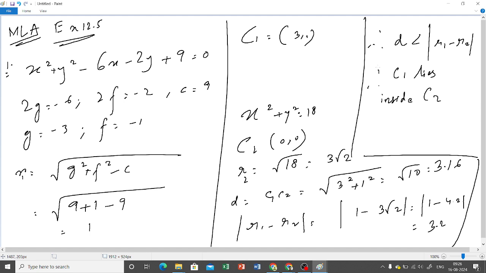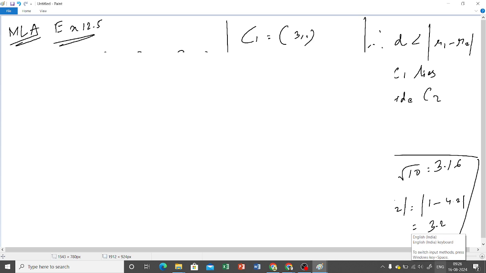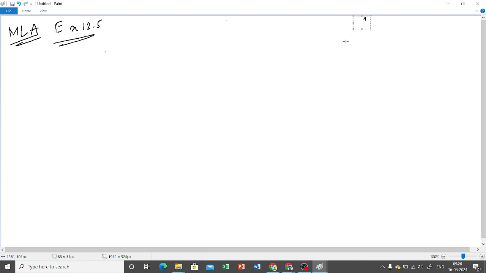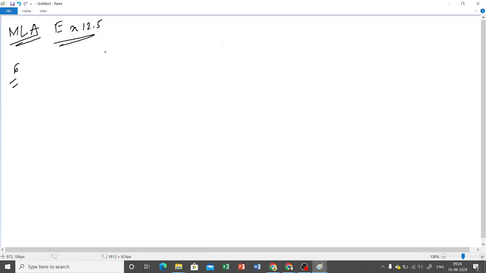Okay, find the equation of the circle whose radius is 3 and which touches the circle x square plus y square minus 4x minus 6y minus 12 equals to 0 internally at the point 1 comma minus 1.